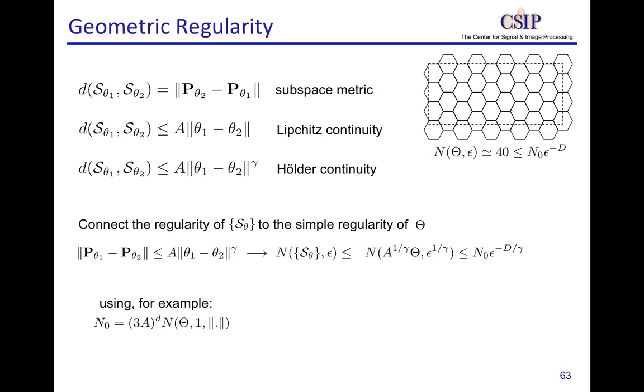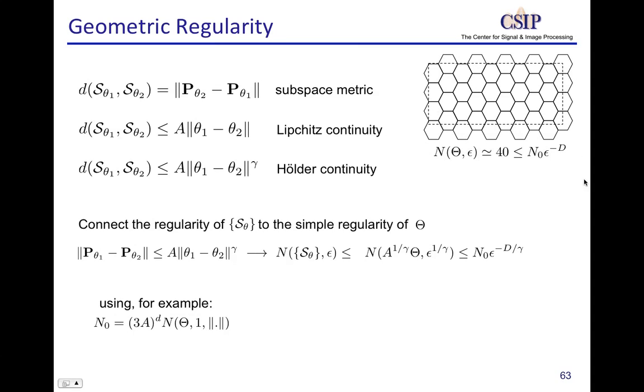So what is a covering number? Basically, if you imagine trying to cover this dotted rectangle up here, how many balls of radius epsilon would you need to cover this? Well, using a standard hexagonal covering argument, we can show that you need about 40 hexagons to cover this rectangle, or about 40 open balls.